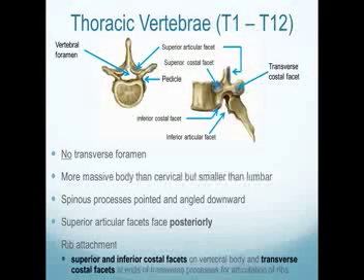We have a superior costal facet, an inferior costal facet, and a transverse costal facet. These three facets actually articulate with the ribs, hence the thoracic vertebrae region. When we look at a rib in a moment, I will show you where the rib articulates with respect to each of these facets. Okay?